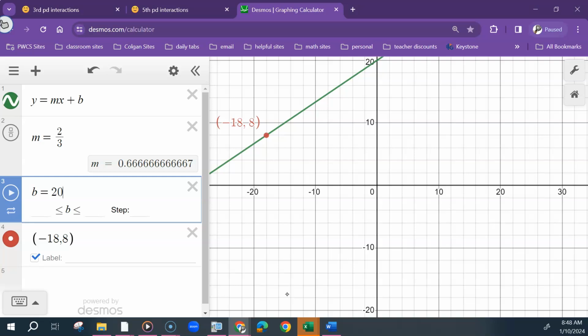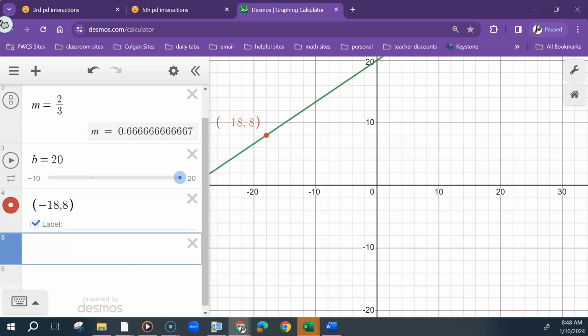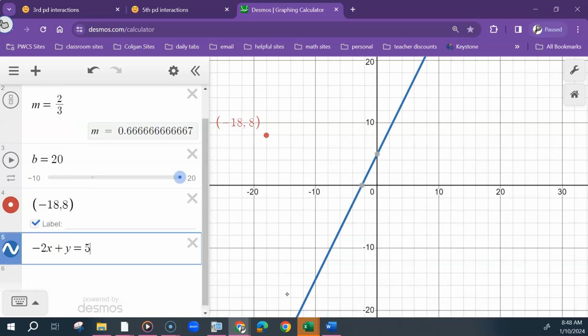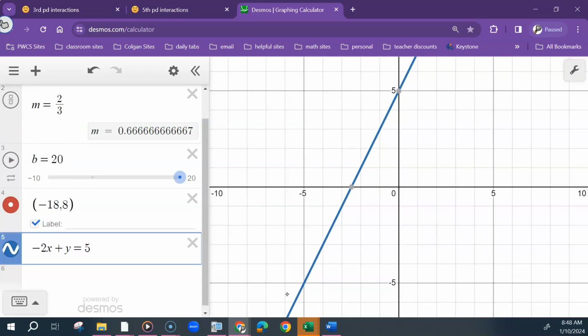Number 3. If I were to just put this in as is, so negative 2x plus y equals 5. Because I'm solving for y, it's going to be an equation that's y equals mx plus b.